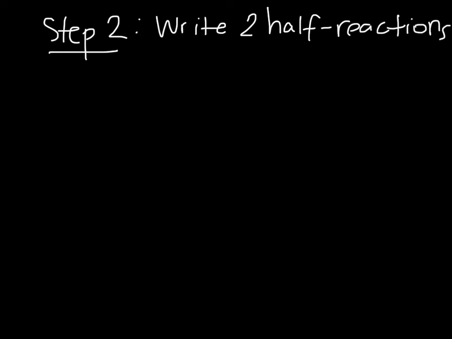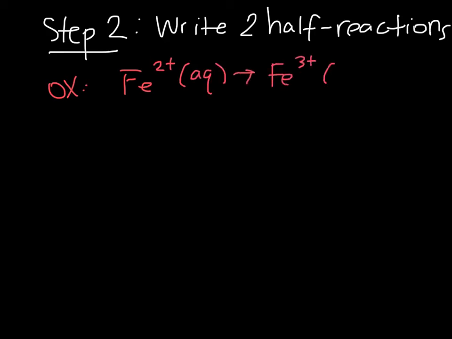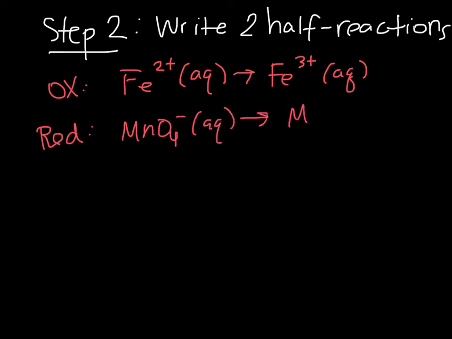So in our example, the oxidation half reaction is Fe2+ going to Fe3+, and the reduction half reaction is MnO4- going to Mn2+.